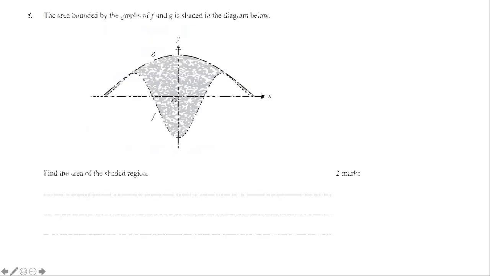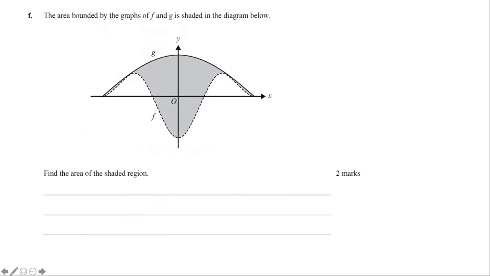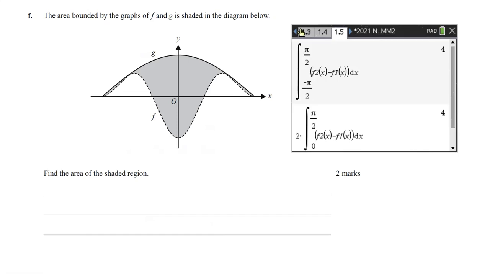All right. The area bounded by the graphs of f and g is shaded in the diagram below. Find the area of the shaded region. Notice that at x equals -pi/3 or pi/3, they just touch each other instead of crossing each other. So you can directly go from -pi/2 to pi/2 and anti-derive g minus f.